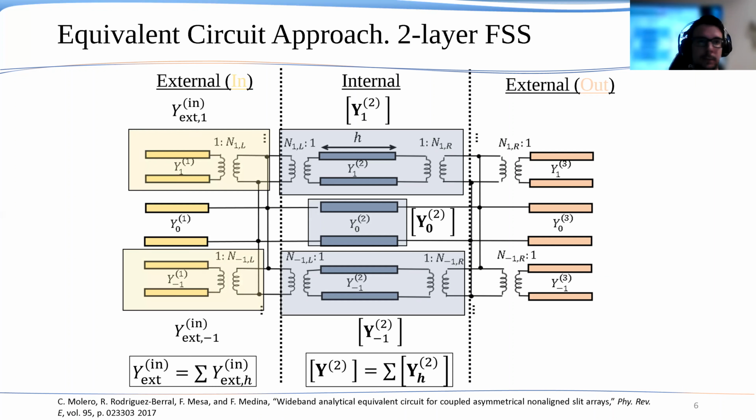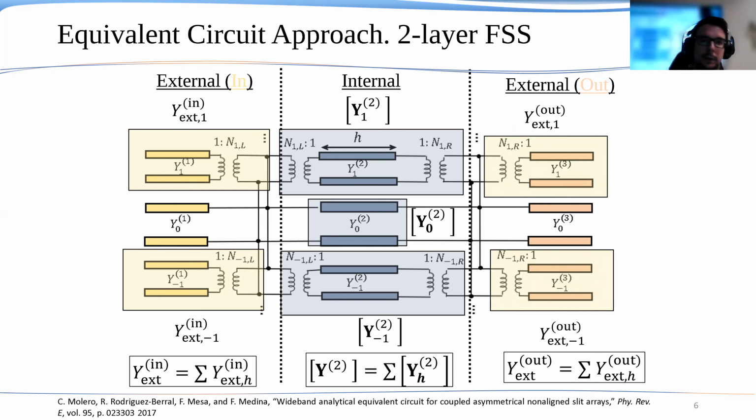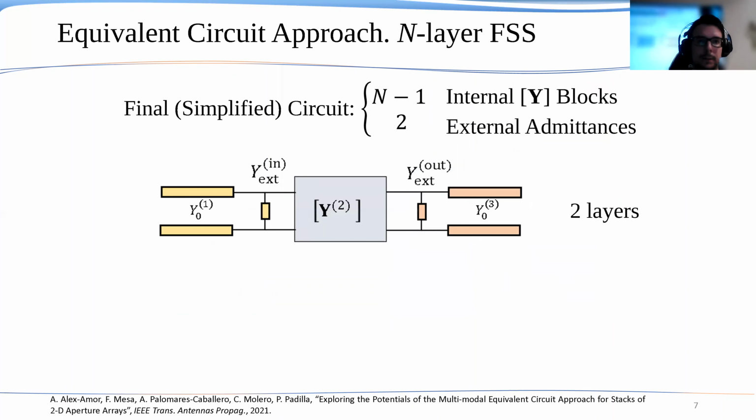We can do the same for the external regions, the input and output external regions, and at the end, we will arrive at the following simplified circuit for a two-layer FSS, which is represented by two external admittances and one internal admittance block.